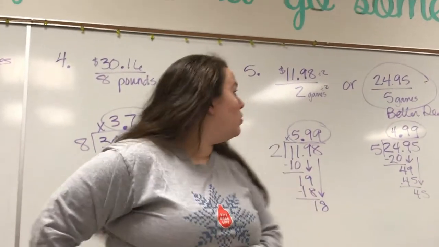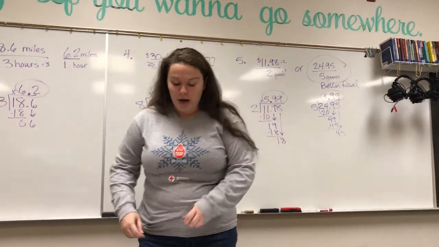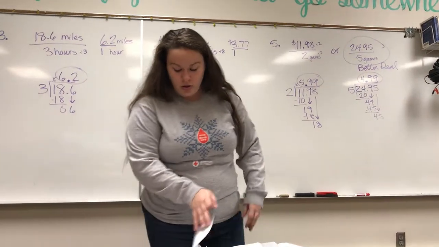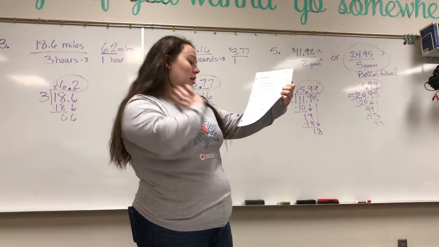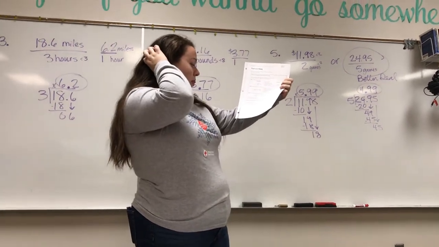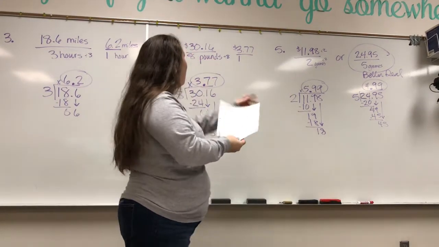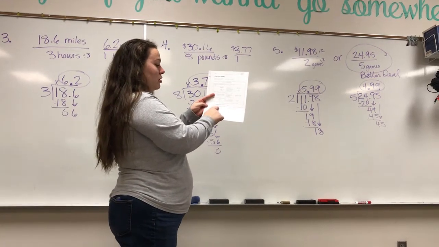If you want to do problems 6, 7, and 8, it will be a really good practice. Other than that, you are having to do your worksheet. On your worksheet, it says write a rate for each. That is the original one. So it says 20 pens for $1.60.